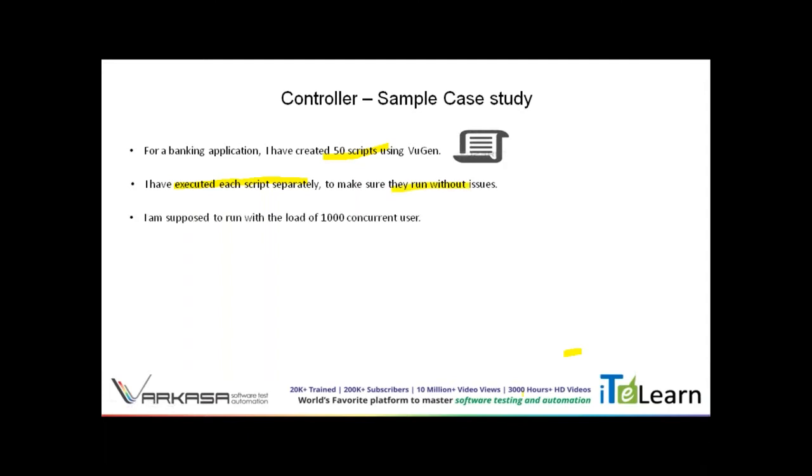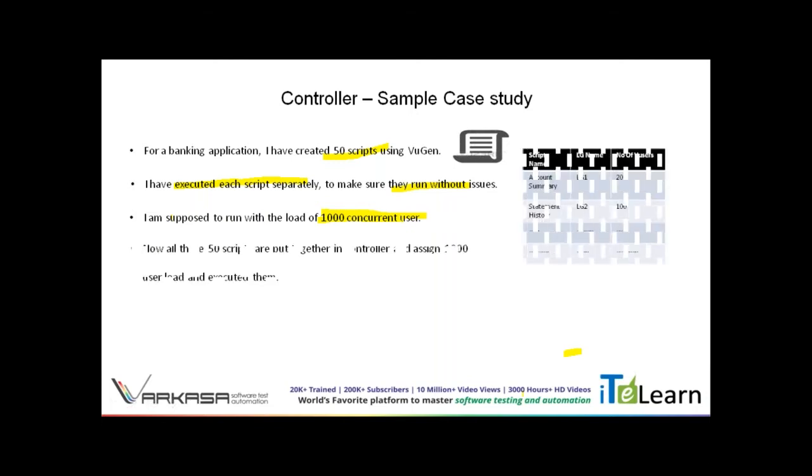Now you have to execute this test, let's say with 1,000 concurrent users. Overall, 1,000 concurrent users is what you have to execute. Now all these 50 scripts are put together in the controller.